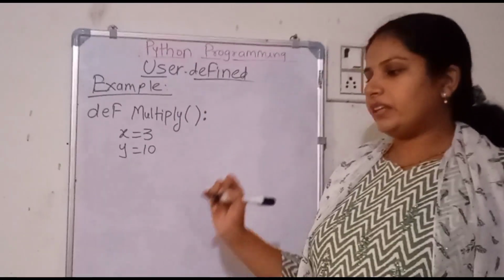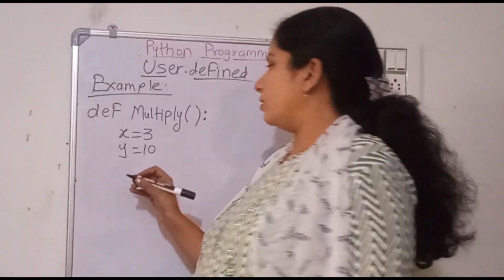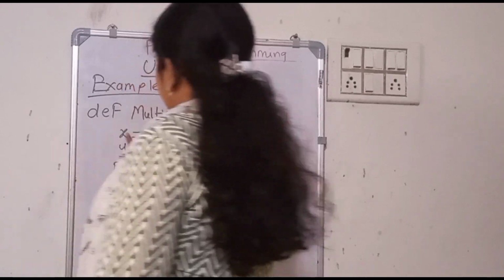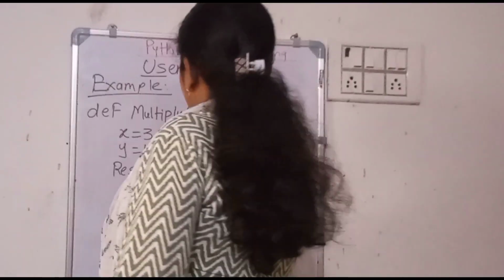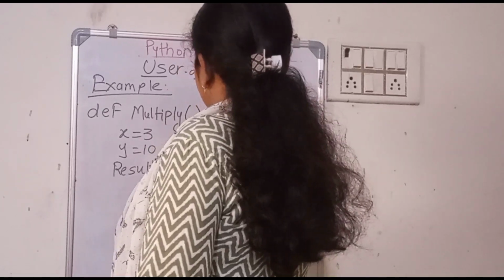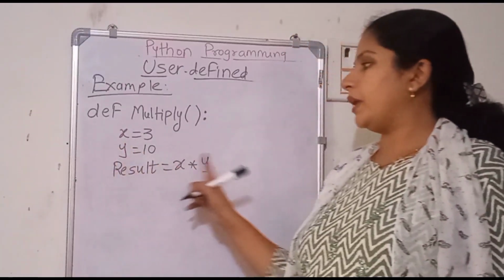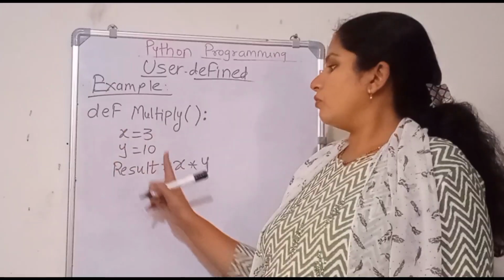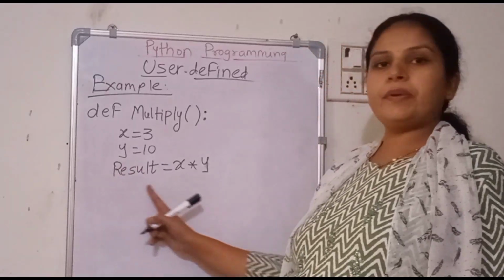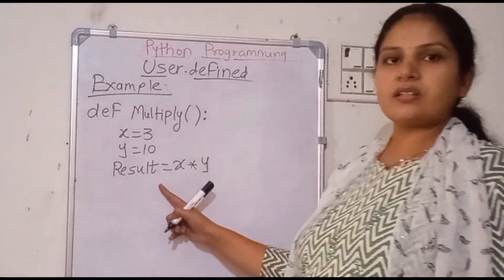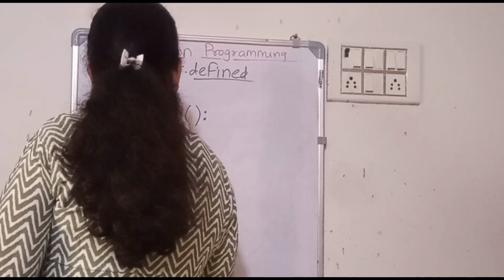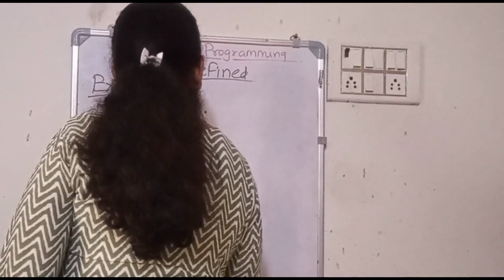And then your result, the third variable, result is your multiplication, x multiply by y. So whatever the output will be, that result will be stored in the result variable, and just print the value.